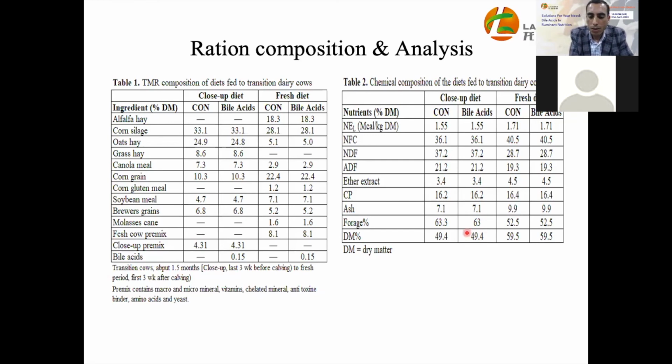Dry matter, we adjusted to be about 50% during the close-up and around 60% during the fresh period. We try to adjust this if the diet needs some additional water. So this is just a brief about the diet.